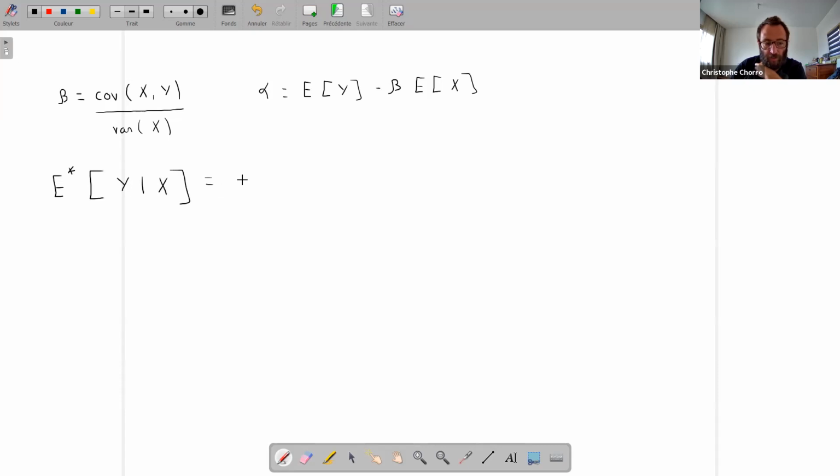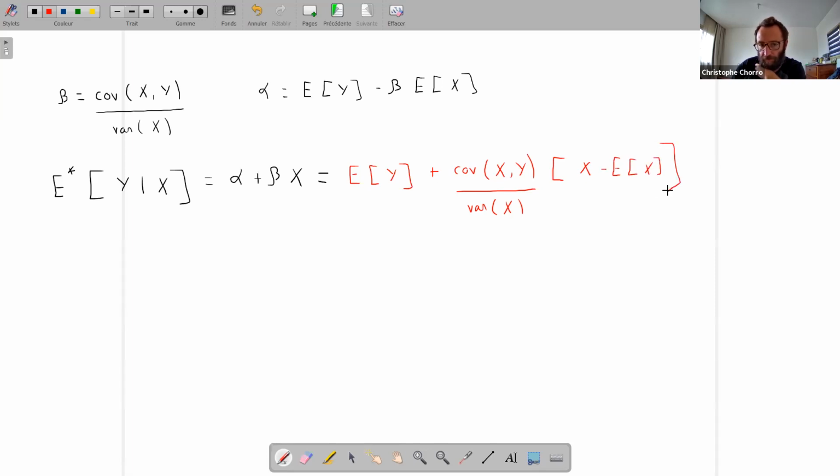It is simply alpha plus beta x, that I can express in a nice way as the expectation of y plus the covariance between x and y over the variance of x, multiplied by x minus the expectation of x. Okay?